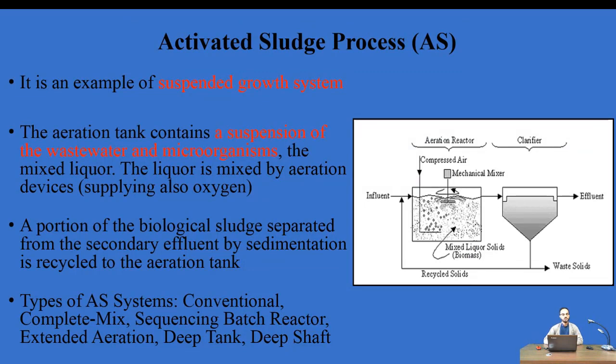What is the activated sludge process? The activated sludge process, as we said before, consists of two compartments. The first is called the aeration tank, where the biological process takes place, and the second compartment is called the secondary clarifier.